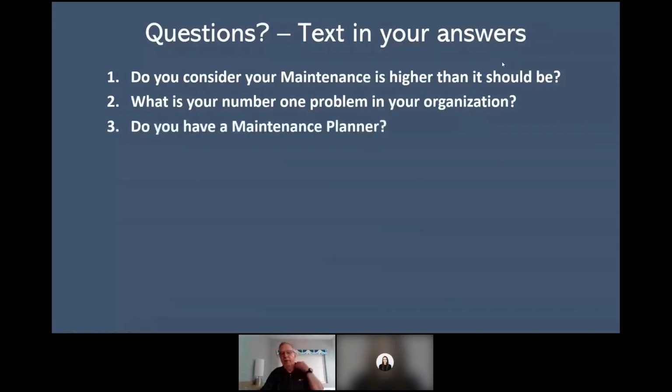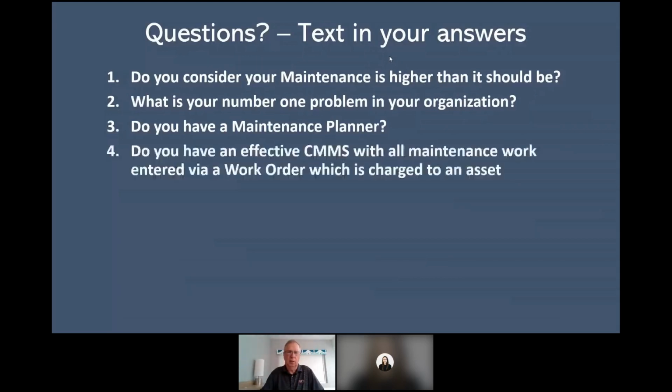All right, third one, do you have a maintenance planner? Yes, but they're not very active. Yes, we have a maintenance planning group, are the two answers we've gotten so far. Okay. Do you have an effective CMMS with all maintenance work entered via a work order, which is charged to an asset?